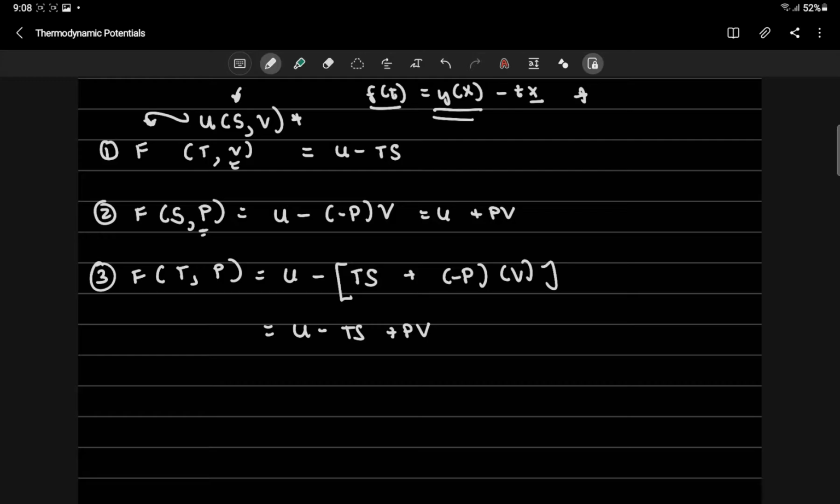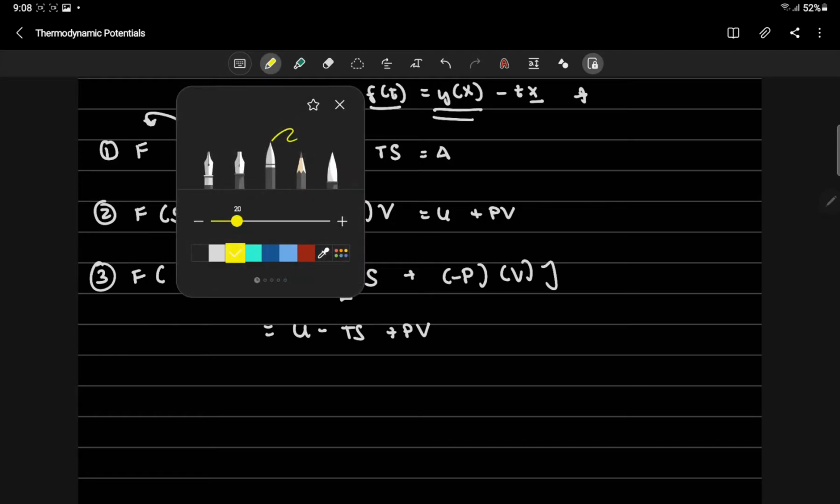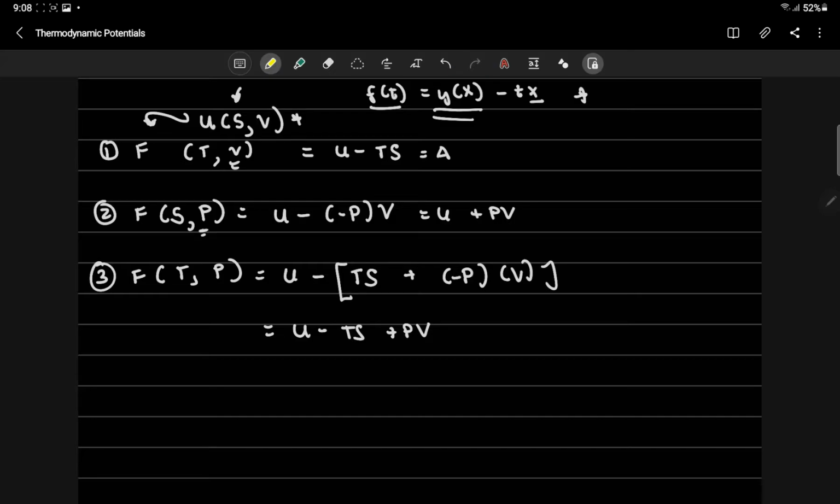So, isa-isayin natin ulit. Balikan natin. Yung unang equation, which is U minus TS, bibigyan natin siya ng pangalan, and let's call it letter A. And this equation now, A equals U minus TS, ang tawag dyan sa thermodynamics is Helmholtz function. Okay? I hope I got the spelling right.